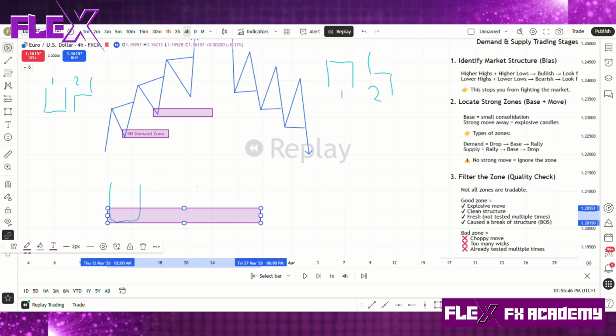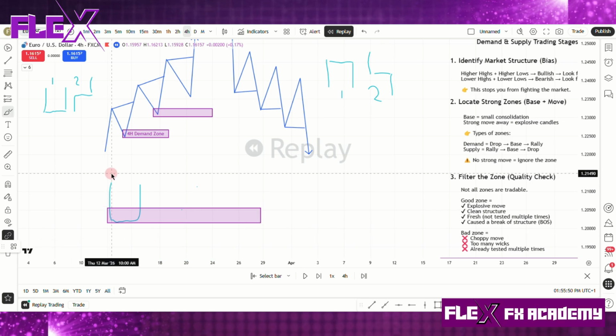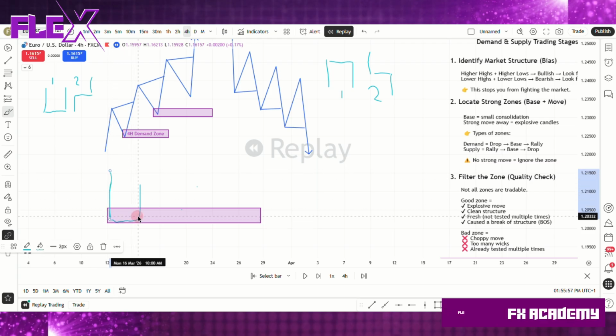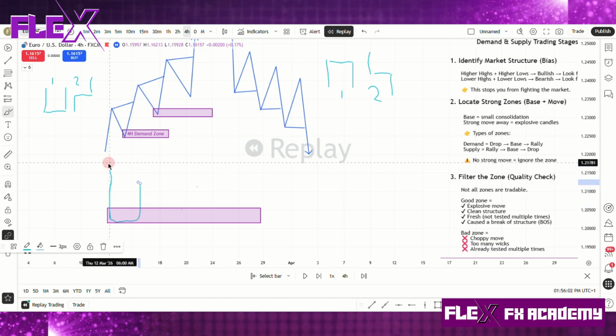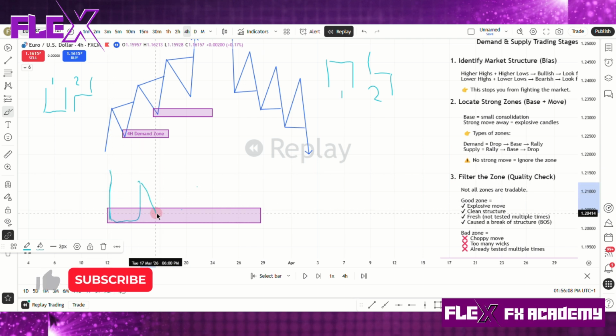Let's assume, for example, the market comes into this zone here aggressively, creating a zone and then pushing out. If it doesn't take out this high that creates the zone and then decides to come back, I'm not going in for a trade. You don't need to go in for a trade.